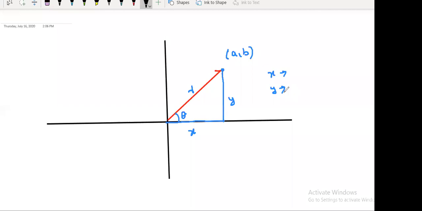That's why displacement is an example of vector. My question was, if the length of vector, which is your hypotenuse, is r, then what is the x component and y component if it makes angle theta?